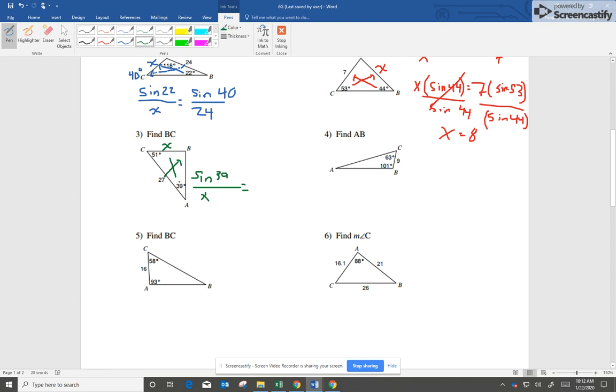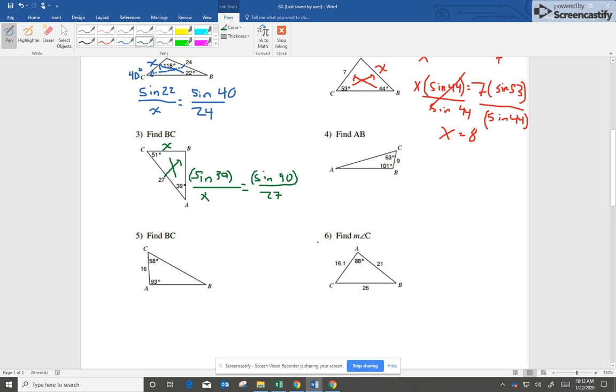So we have to find out what angle B is by doing our whole 180 thing, and angle B is going to be 90 degrees. So it'll be sine 90 over 27. Again, parentheses around here. Cross multiply and solve it out, and that should be that.